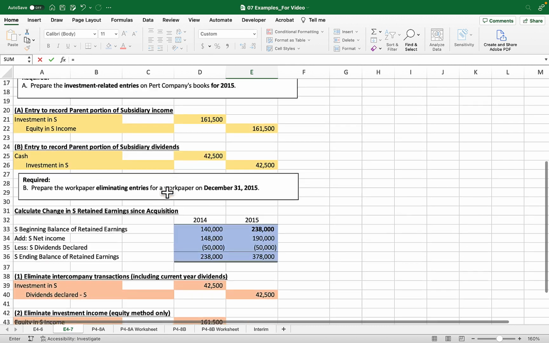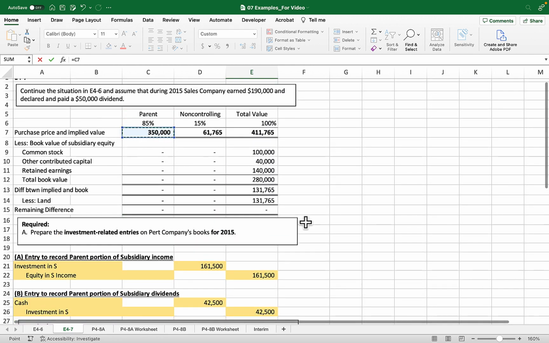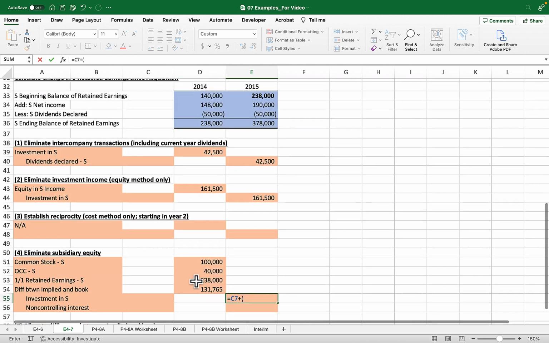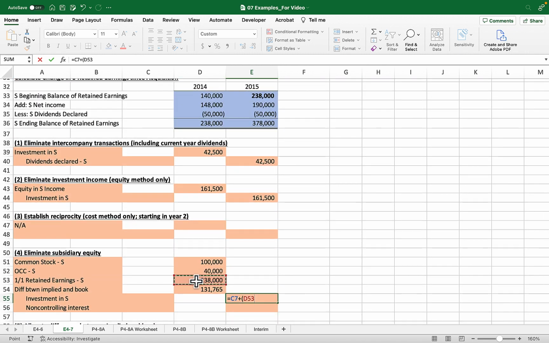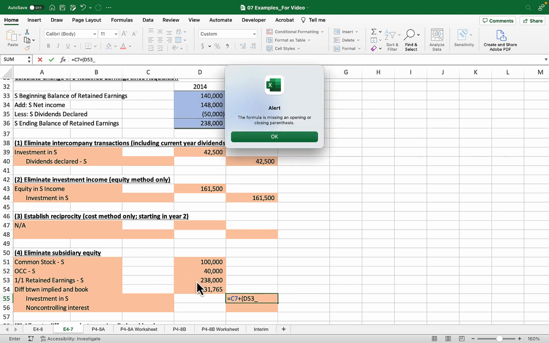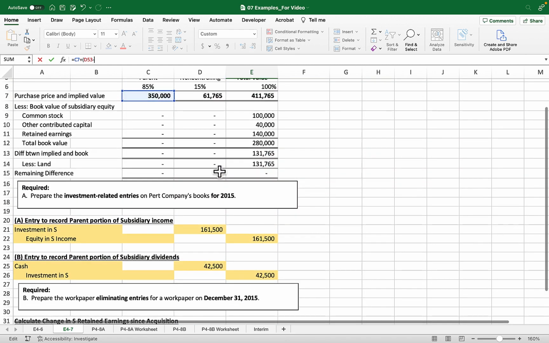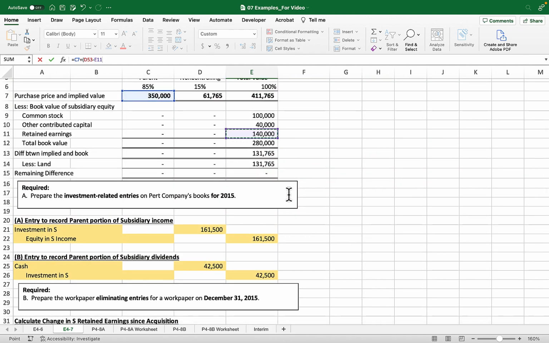All right, so we're going to start with, again, our initial investment in S. And then we're going to take the difference between the retained earnings we just put into our eliminating entry minus what it was on the date of acquisition, which can always be found in our computation and allocation of differences schedule.